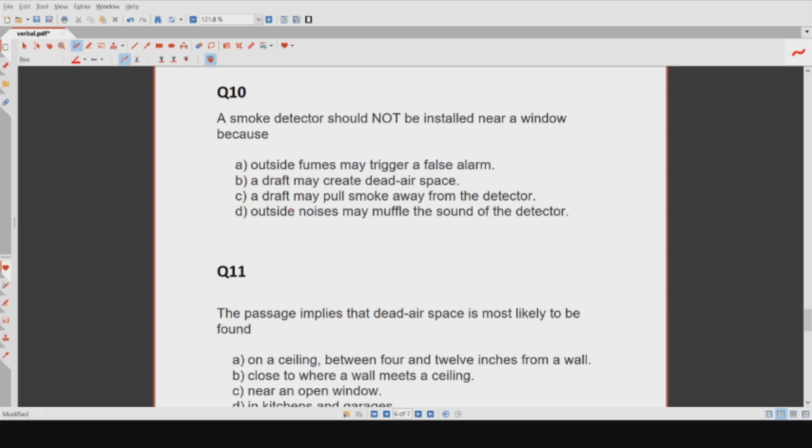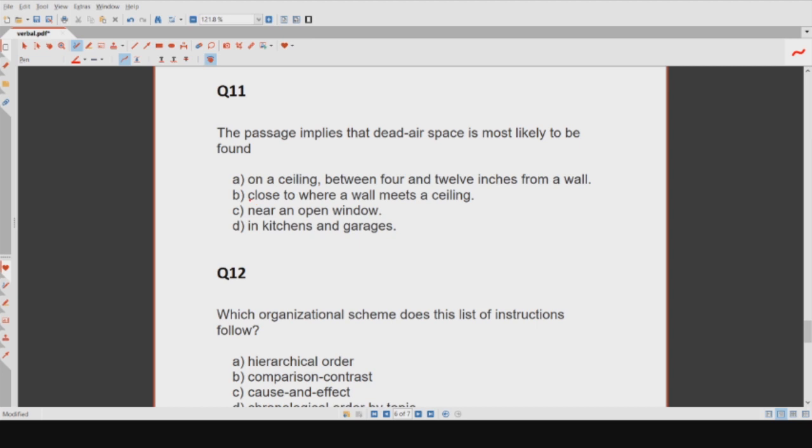The correct option for this is: a draft may pull smoke away from the detector. The main advantage of answering this quickly is reading the passage carefully, and that's it. No other tricks are there for this type of questions.